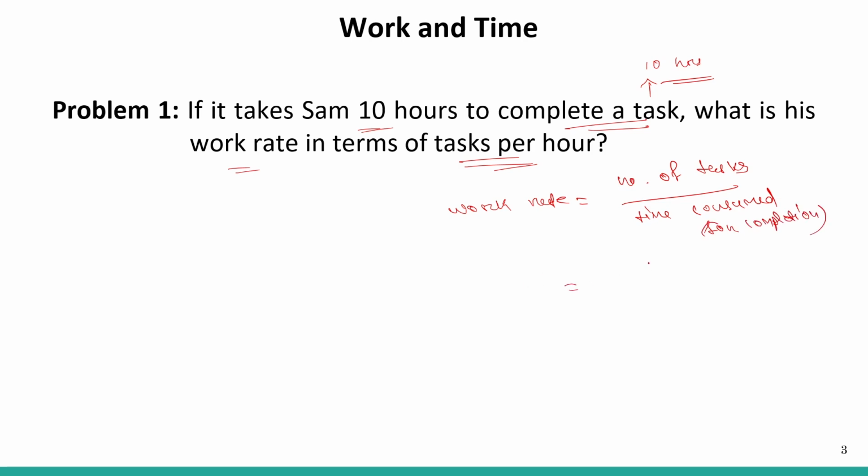This is one task, and it took him 10 hours. So this much task per hour is his work rate. Sam's work rate is equal to 1 by 10 tasks per hour.